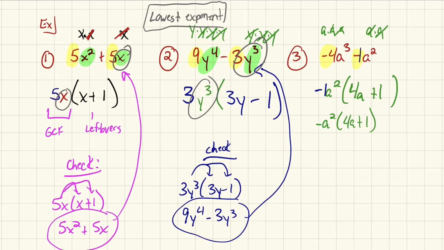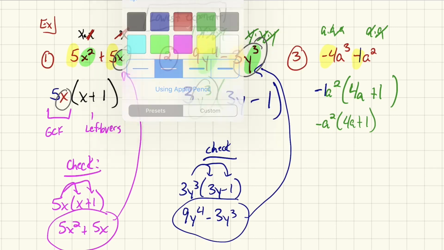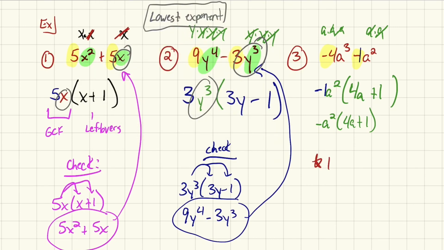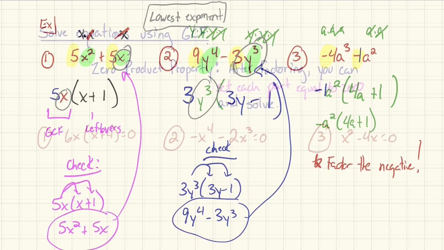And that's how we handle factoring both numbers and exponents. And it works like that every time, no matter what. Just remember, and I'll put this in red, star, factor the negative. Okay, like that's a big deal.